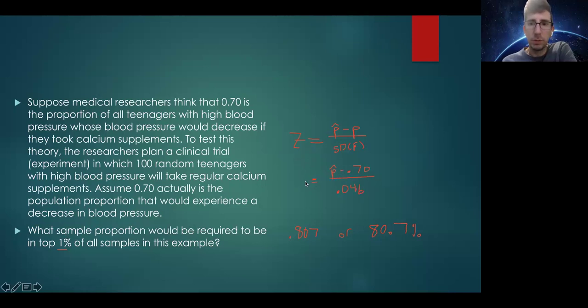Then we could have multiplied both sides by 0.046 to cancel out, and then added the 0.7 on both sides to be left with our p-hat, and we should get something somewhat similar if we do it that way as well.